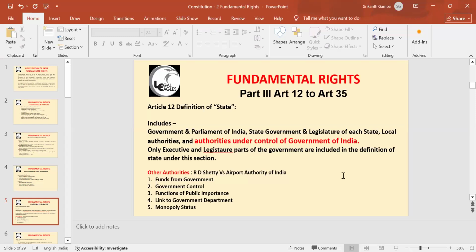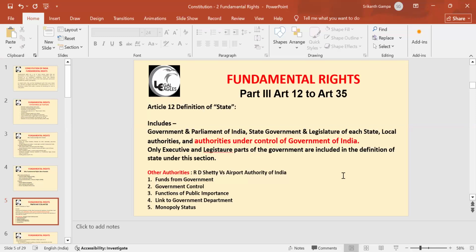Why I am emphasizing Article 12 is that you will get questions here, even though it is only 3 lines in the article. Most of the time they ask concept-based questions, or they will ask straight from the section.